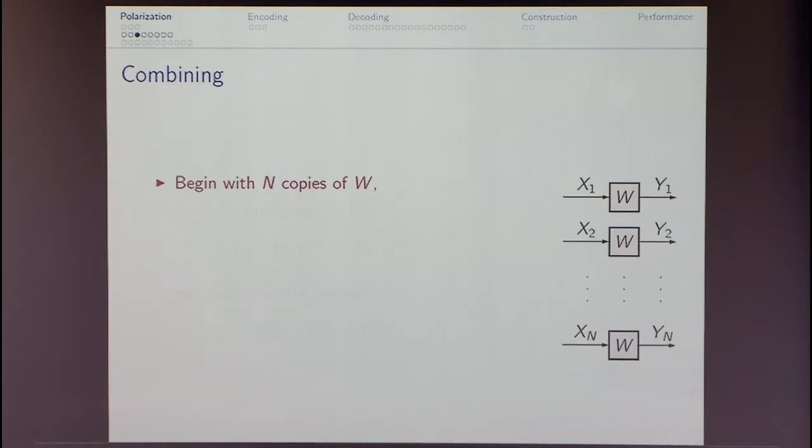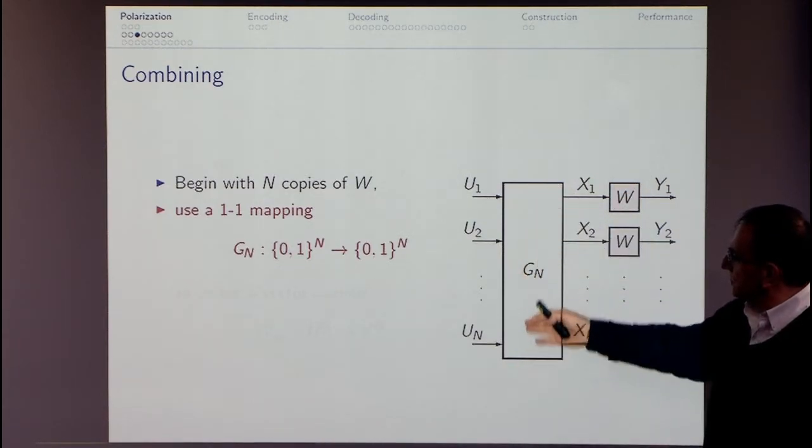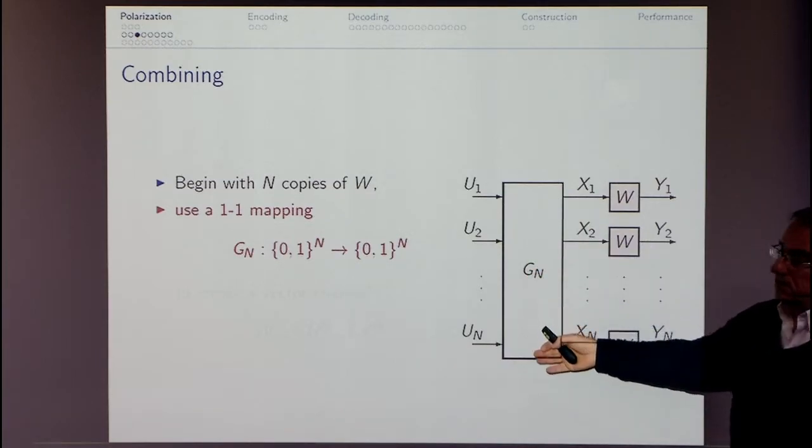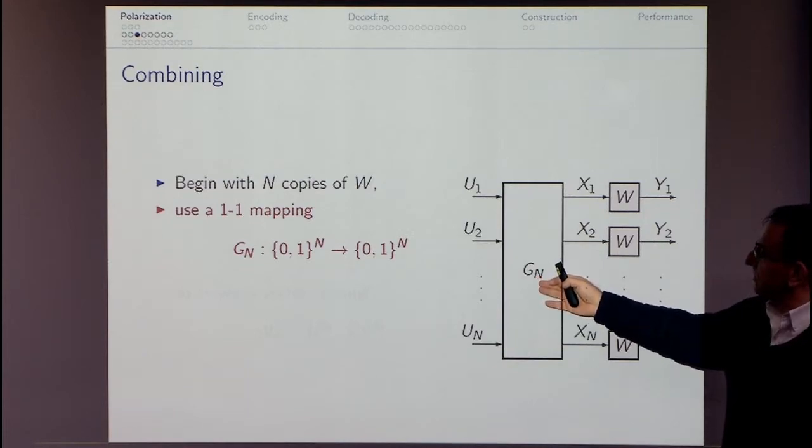That's the main idea. So how do we do the combining? The general architecture is as follows. We take n copies of the given channel. These are the channel inputs. And then we put a transform box here, a one-to-one mapping.